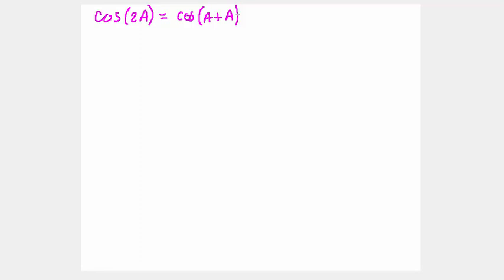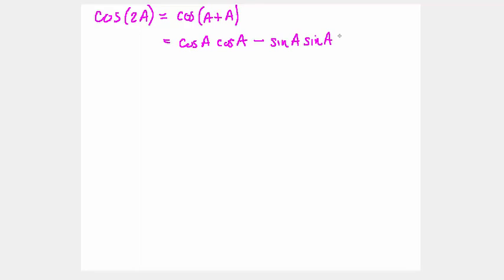I would rewrite this as cosine a cosine a. Normally it's a plus b, so we'd have cosine a, cosine b, but we're using a both times, so cosine a, cosine a, and then the sine is the opposite, so we had a plus to begin with, now we turn it into a minus, and then it would end up with sine of a, sine of a.